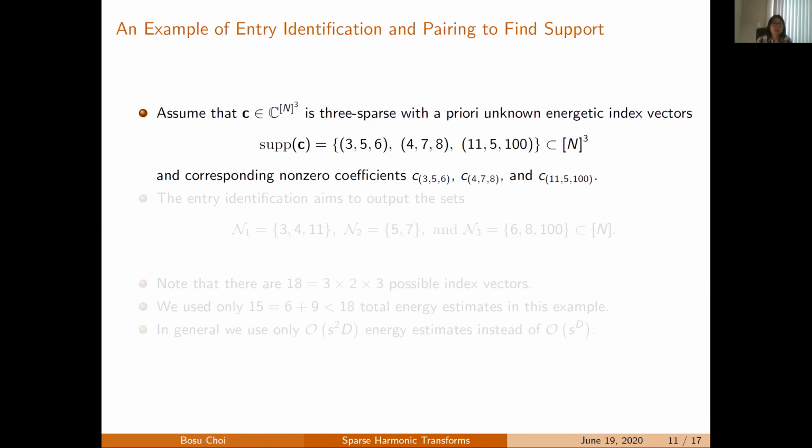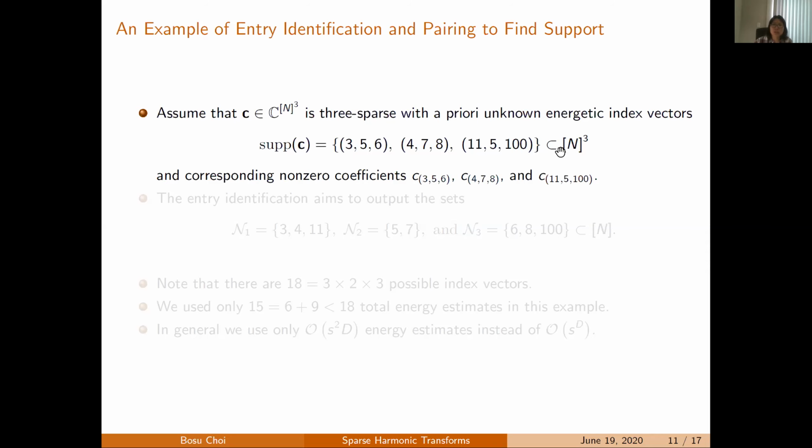And to introduce our specific support identification, let me give you one example. Our support identification consists of two parts, entry identification and pairing. Let's assume that we have a priori unknown energetic index vectors, 3 index vectors. We are looking for these index vectors in these n to the 3rd many possible basis index vectors.